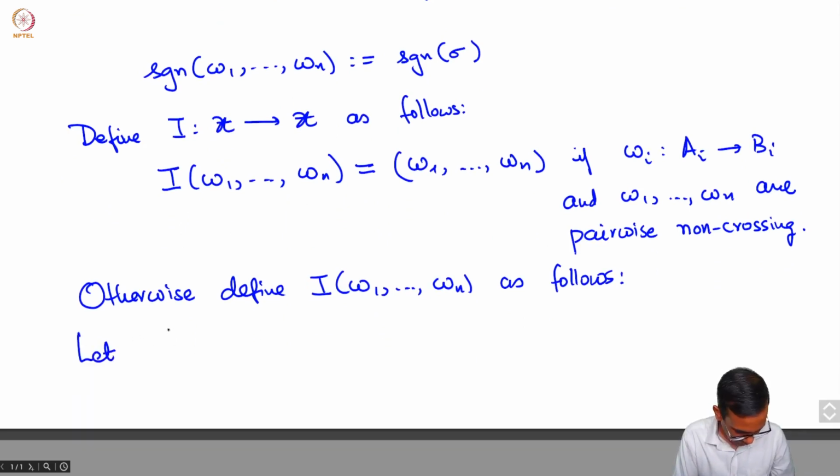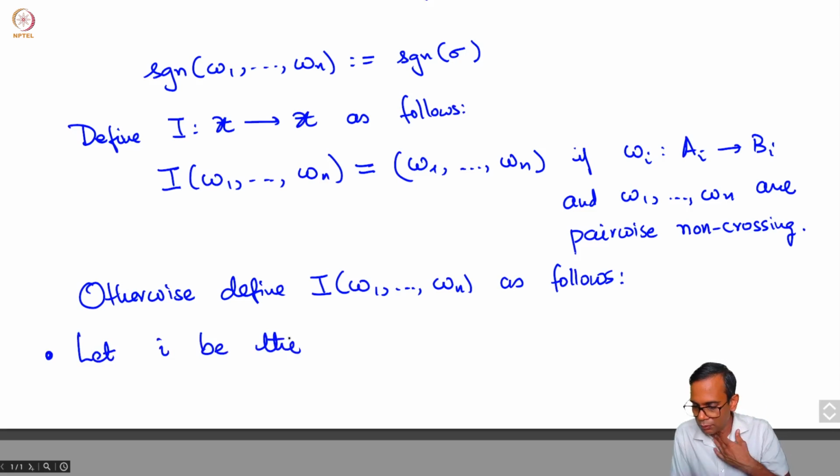Firstly, if omega_1 through omega_n is not a non-crossing n-tuple, then there should be at least one crossing.